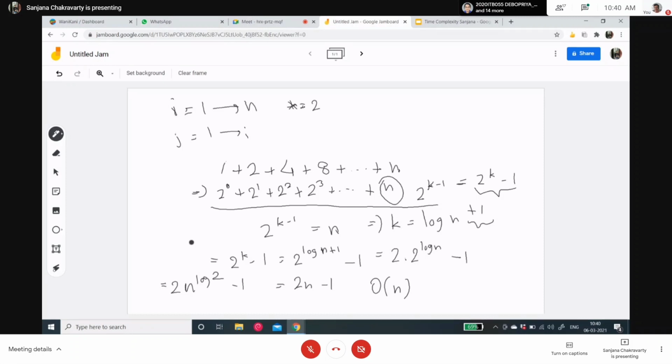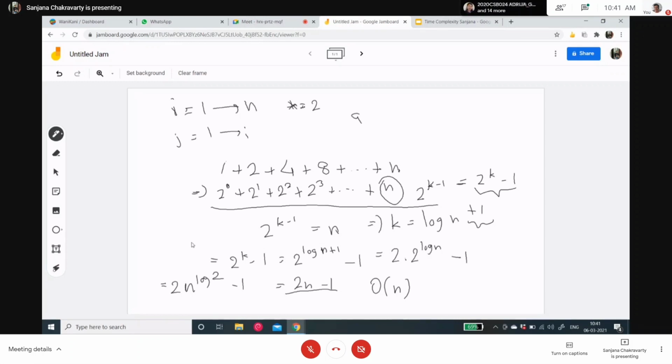Here you have taken n as equal to 2 in the last step? I'm not sure which step. This one, 2 into n to the power log 2. That is a property of log.